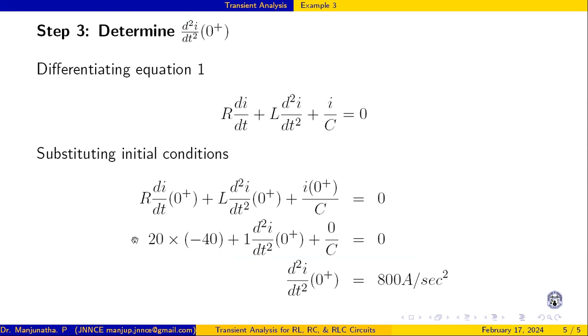R is 20 ohm, di/dt is minus 40 ampere per second, and L is 1 Henry. So d square i/dt square is 20 into 40, and taking this to the right side, it is 800 ampere per second square.